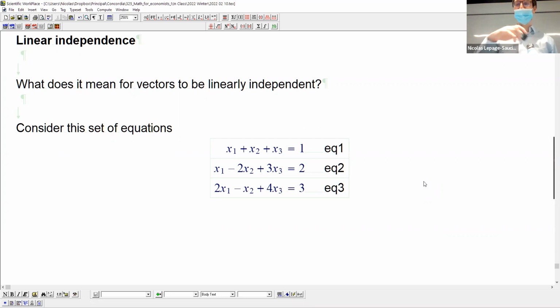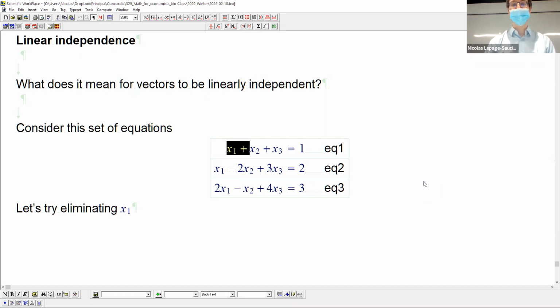So how to proceed? Oh, you should know it. Yeah. So let's not go into matrices already, but we're getting there. So let's try eliminating x1.